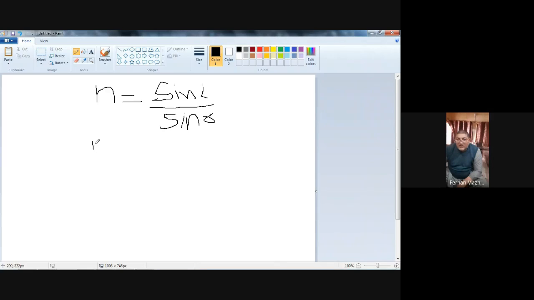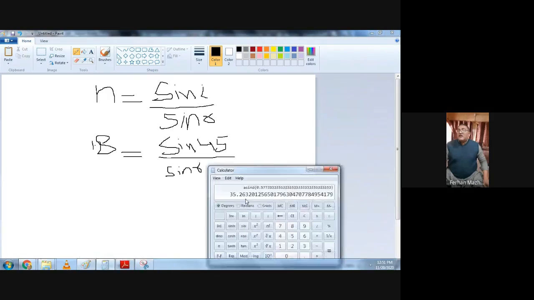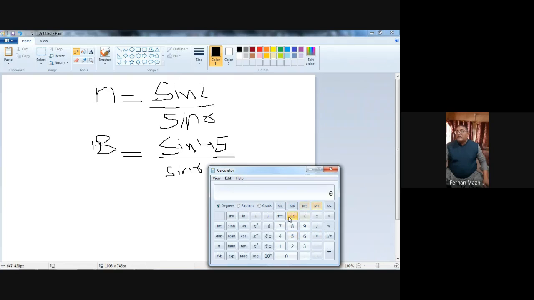So 1.8 equals sin i, that's sin 45, divided by sin r. So sin 45, let's see what its value is. Okay, so we will take the sine of 45.